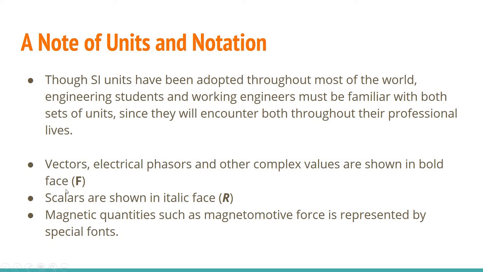You have already encountered these terms in physics and electrical circuits. So for example, the letter F in bold, darkened, is the way to represent vectors, electrical phasors, and other complex values. Scalars are shown in italic face, slightly slanted, like the big letter R. Magnetic quantities such as magnetomotive force are represented by special fonts.